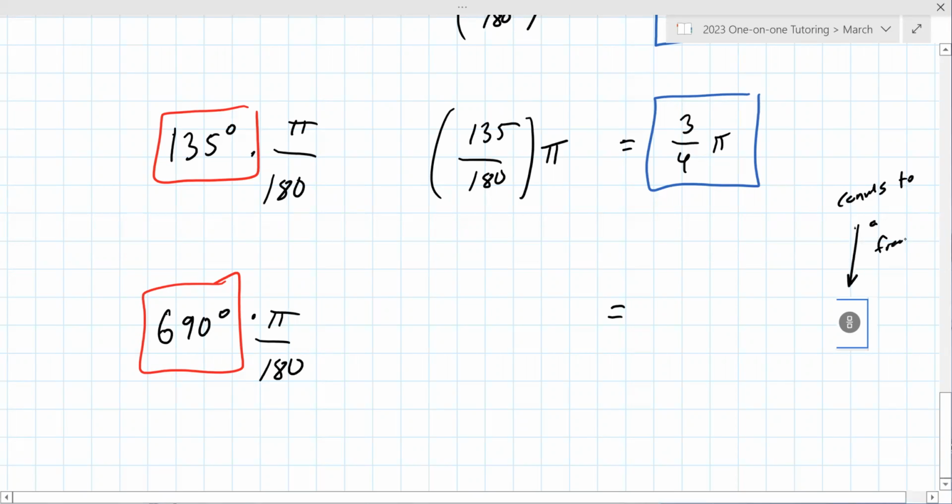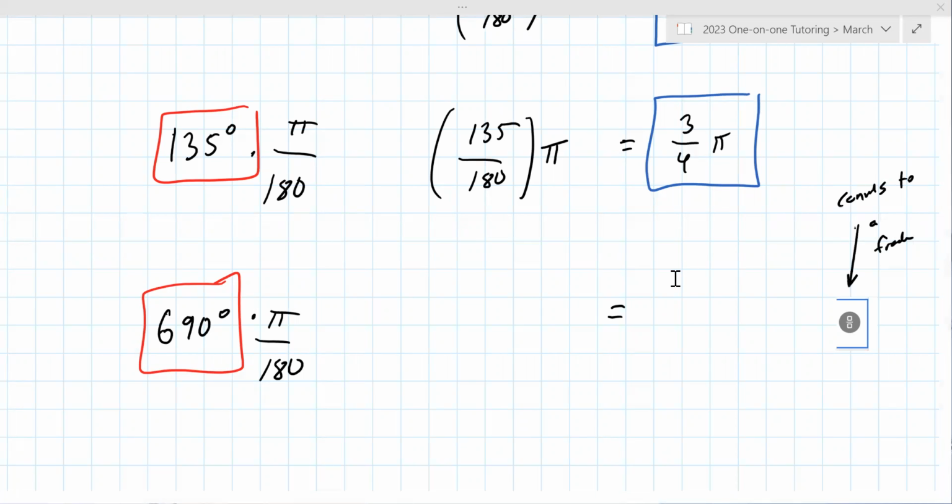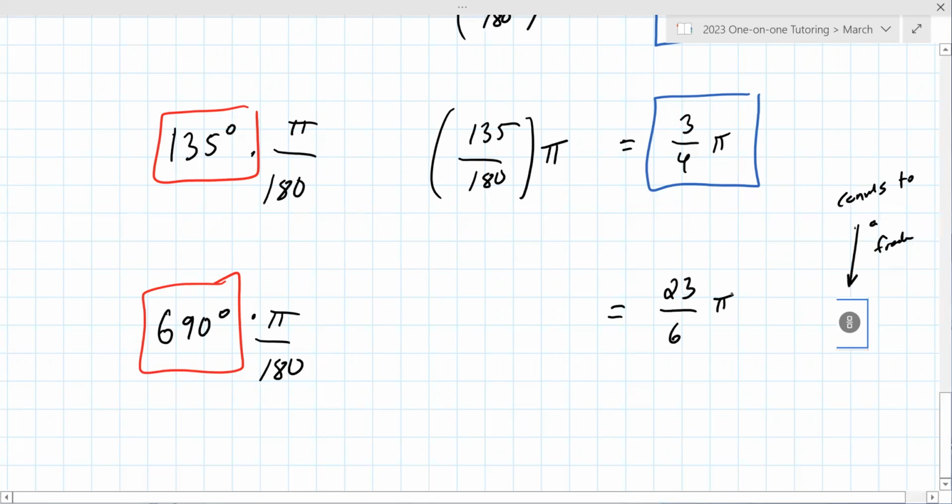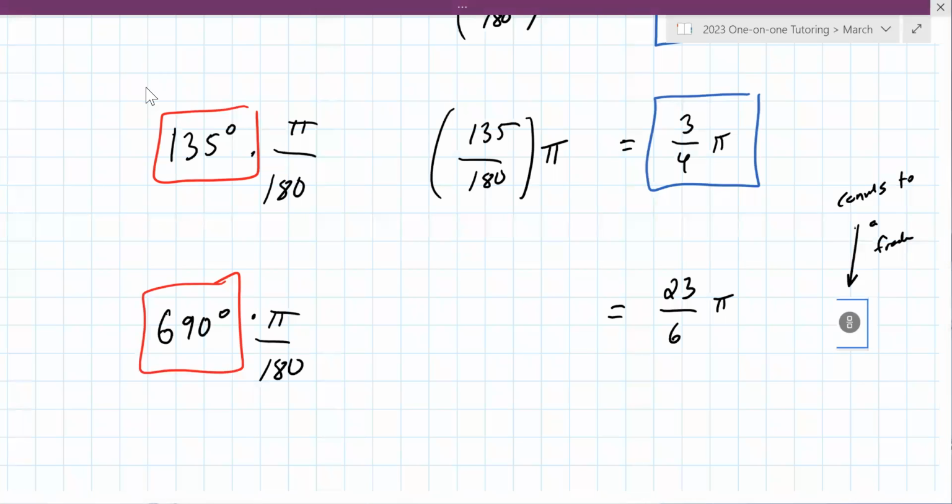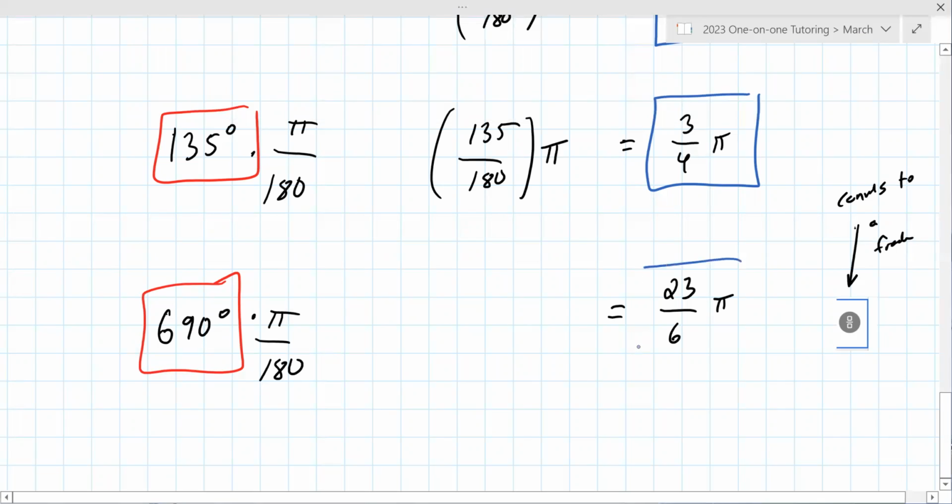So that would be 23/6. Yes. That would be 3 and 1/3, but this is what your teacher probably wants. And it's fine if there's a bigger number on the top.